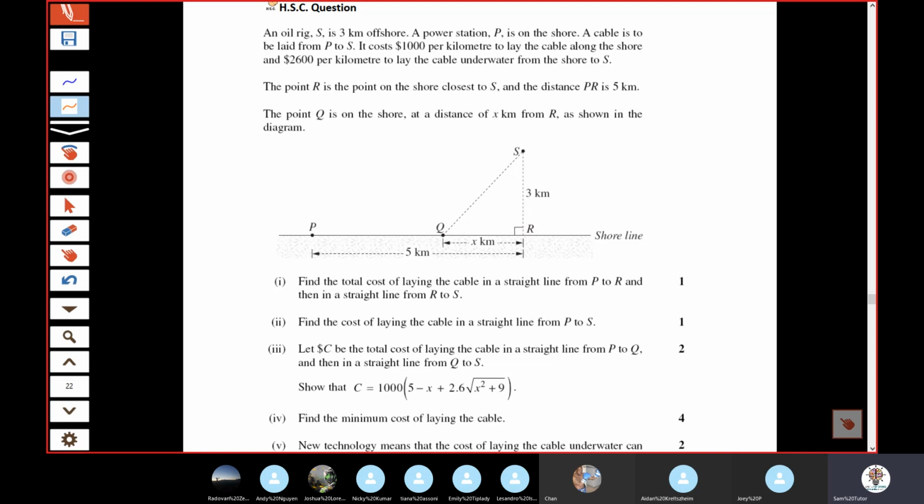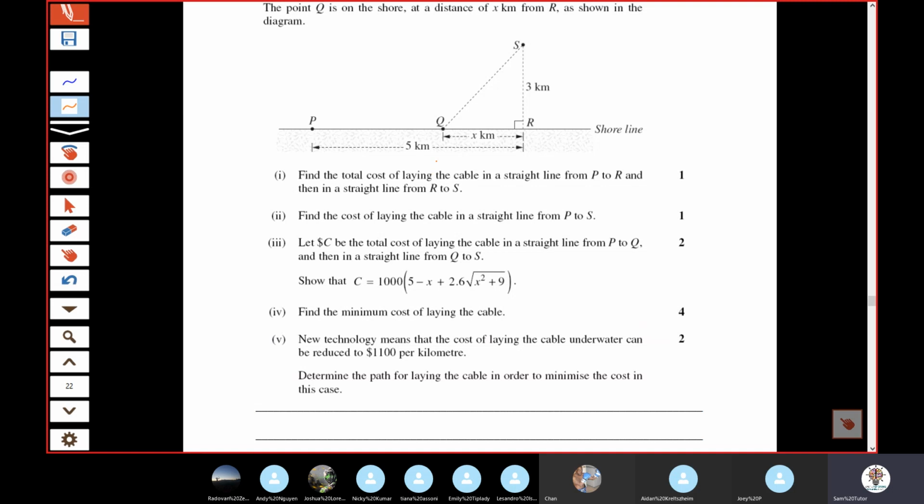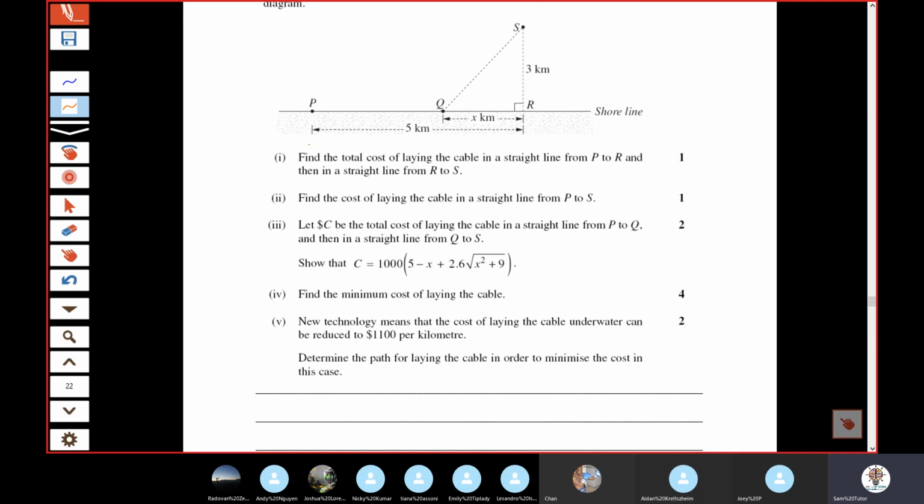Find the total cost of laying the cable in a straight line from P to R and then in a straight line from R to S. So easy for 1 mark. So what is it going to be? What's the total cost from P to R? 5,000.